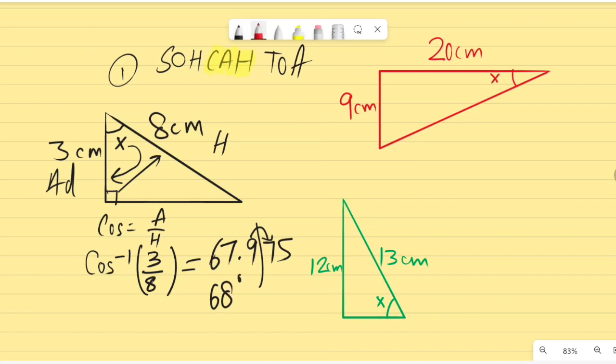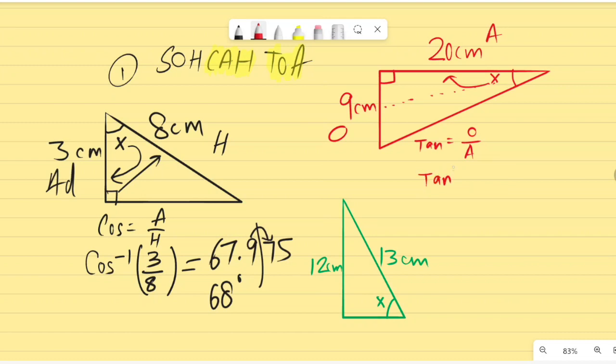Let's see another one. This is our right angle. The angle missing is this one. The side which is given to us is opposite and the other side is adjacent. So O and A, which ratio uses them? It's tan. So the formula for tan is opposite over adjacent. As I told you, to find the missing angle, we press shift and tan.